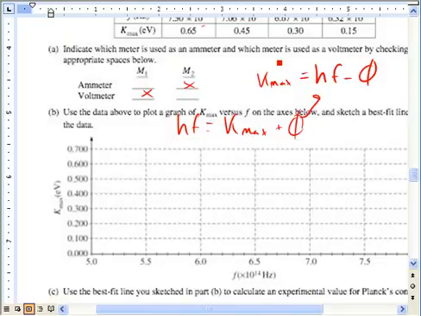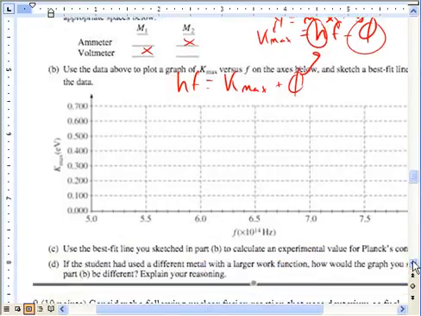If you think about y equals mx plus b, what do I need to plot to get a line? I plot y, which is K max, as a function of x, which is just frequency. There's no frequency squared or anything to linearize. You just plot it. When I take the slope of that line, I'm going to find h. And when I find the y-intercept, I'm going to find phi. That's what it asks you to do in part C, and you get an experimental value.